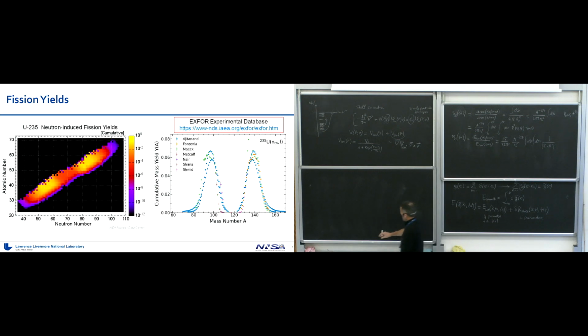So if we try to calculate the binding energy of a nucleus from first principles, it's very ambitious. The starting point is a many-body Schrödinger equation. So this is the single particle or one-body Schrödinger equation. Now the many-body one is schematically, so this is many-body.